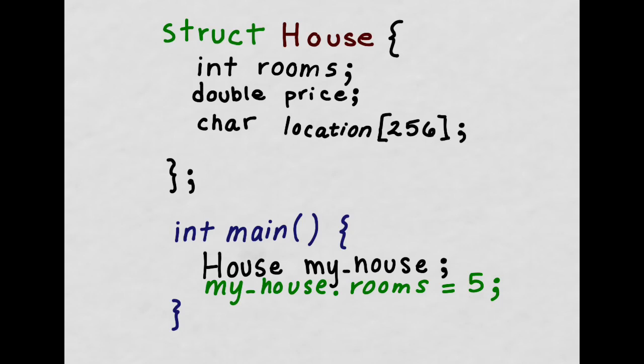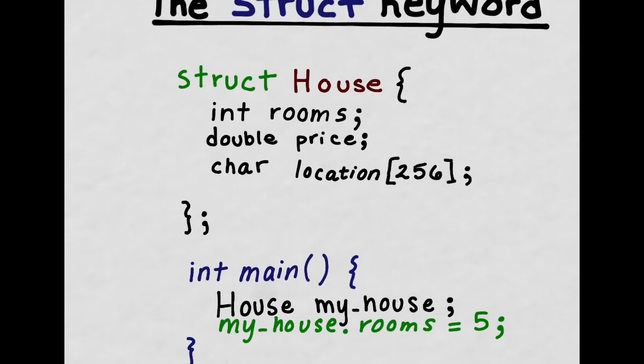And if we want to print out the number of rooms that my house has, we can use the printf statement. For example, if we want to use the printf statement, we'll need to have an import statement at the beginning of the code.